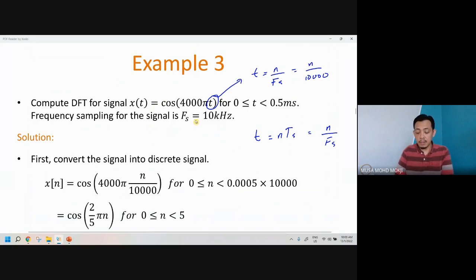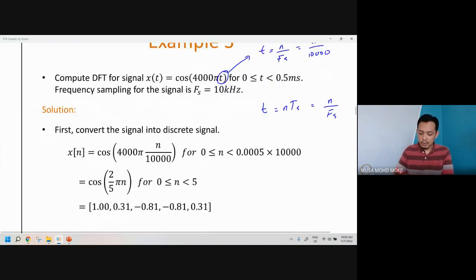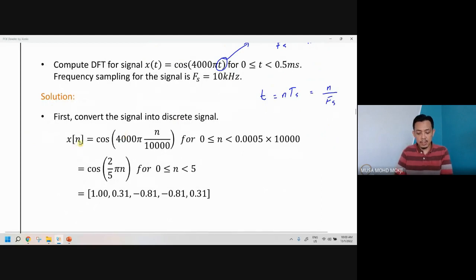That's our fs. So what we have now is xn, a discrete time signal, equal to cos 4000 pi, replacing t with n over 10,000, and then this is the range. The range is from 0 up to 0.5 millisecond.